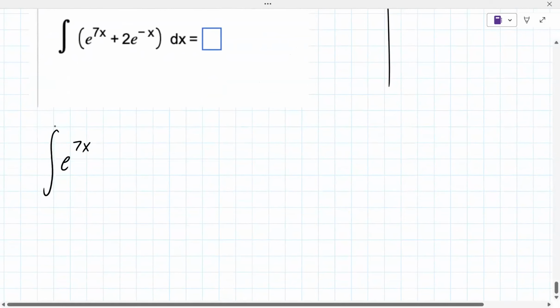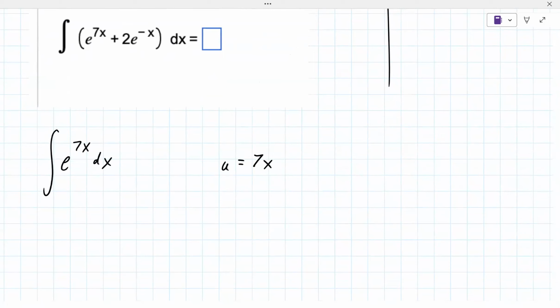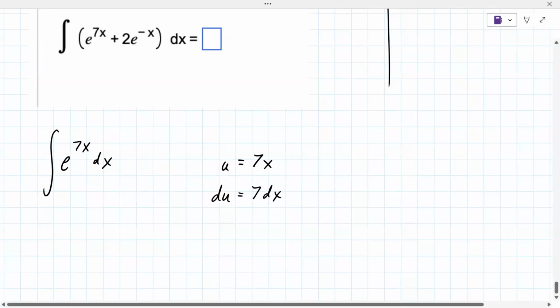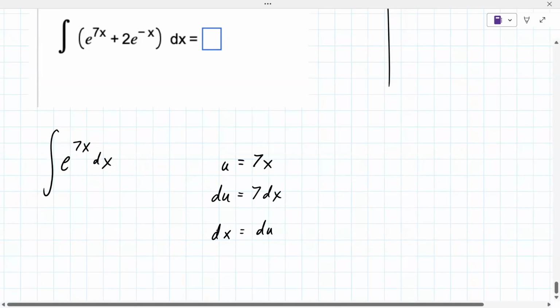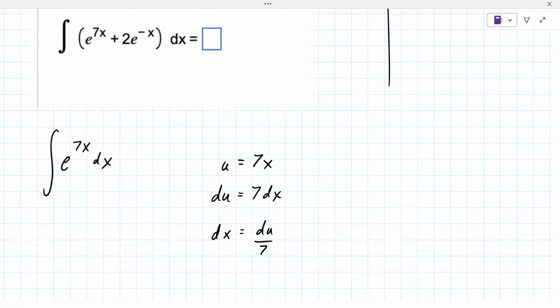And we're going to do this u substitution thing. As I mentioned, your u could be, for example, the exponent, which in this problem it is. So your du is 7 dx. And then you always solve for whatever the D variable is in your problem. So in this case, you solve for dx. dx is du divided by 7. And then you put that back into the original function there.